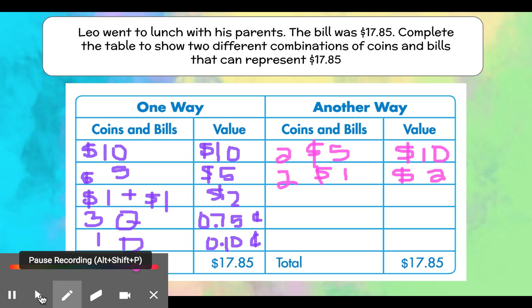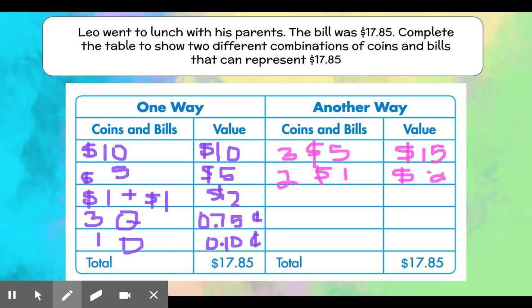I am sorry, I meant to say three $5 bills. Three $5 bills will get me to $15. Sorry, we need 17. Okay, so you have to play around with it a little bit. So three $5 bills is different than a 10, a 5, and two $1 bills. And two $1 bills, and now coins.